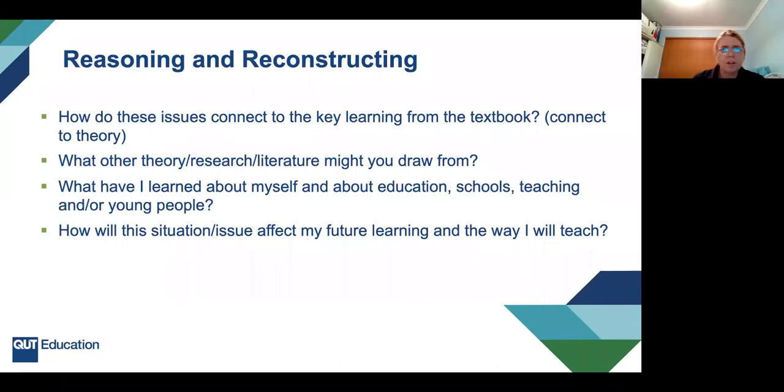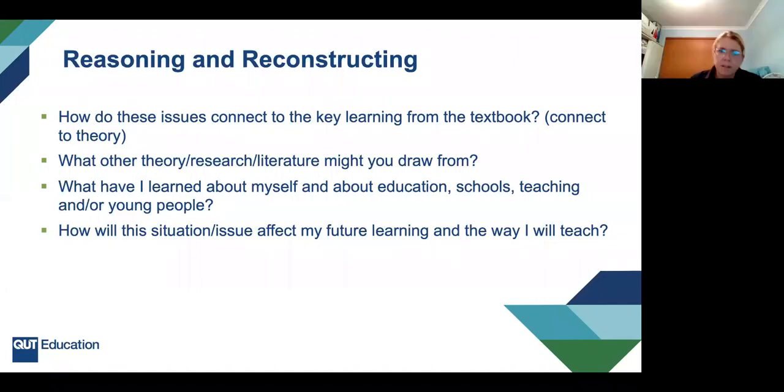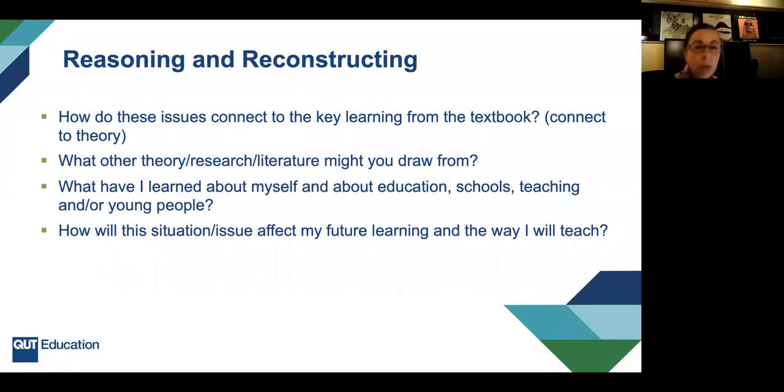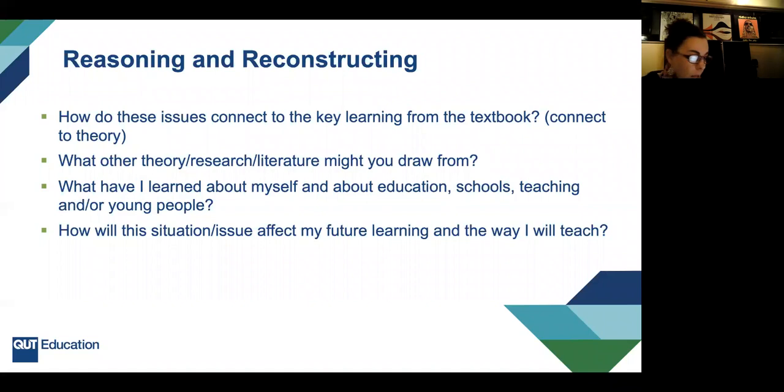Ange, I've got a question. So how do we connect the key learning to the textbook? Well, I've picked a stimulus from the textbook, which I don't mind saying is about tokenism. Should I look at more research or just from what the textbook covers?